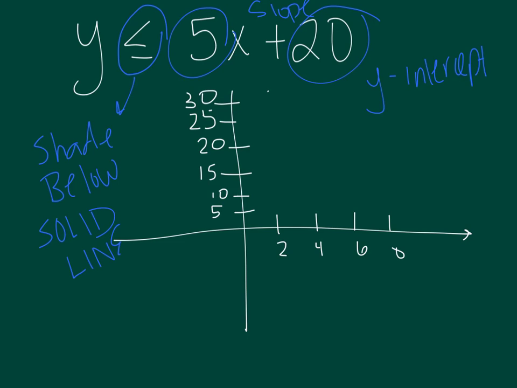Because we have less than or equal to. So I'm going to go up to my y-intercept, plot 20, and I'm going to go down 5 to the right one. Keep with that process. Looks like this. And we're going to shade below.